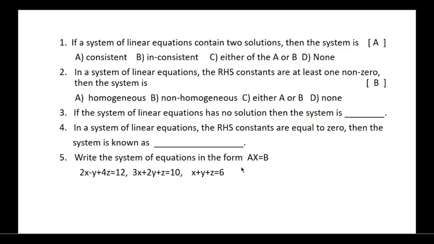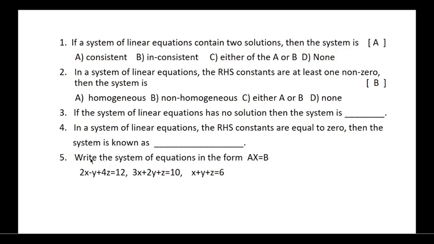To find the multiplication, we already know the rule, which we learnt in the previous sessions. The number of columns in A should be equal to the number of rows in X. Here A is a 3 by 3 matrix, that means the number of columns is 3.